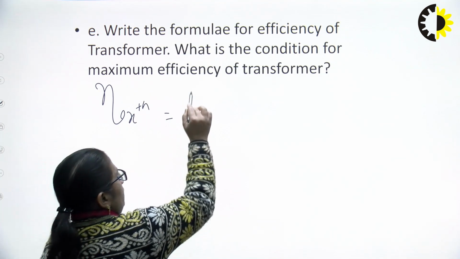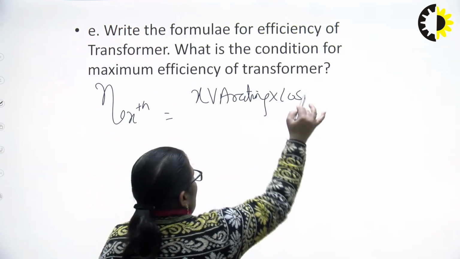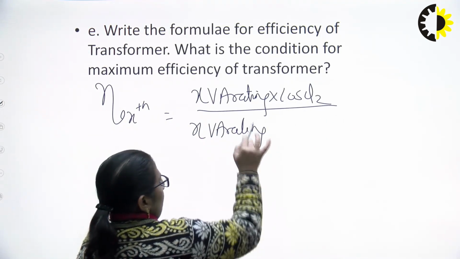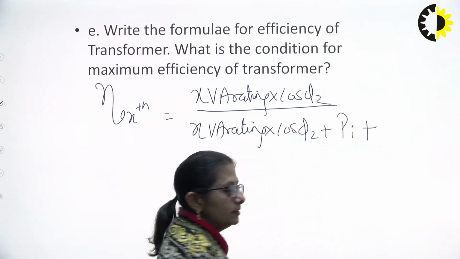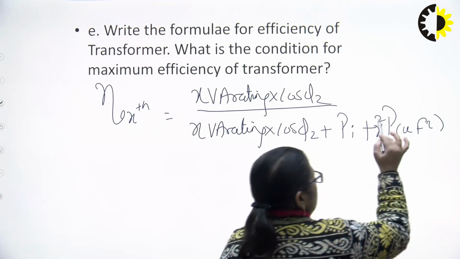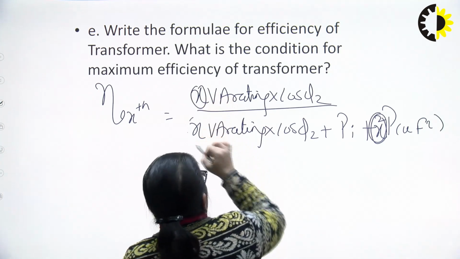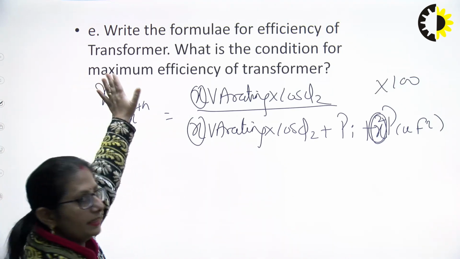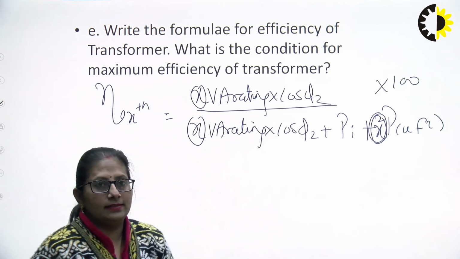So, the expression should obviously be x times the VA rating multiplied by the cos phi, once again x times the VA rating into cos phi plus the iron losses which are going to remain constant, but the copper losses, they are going to vary according to the square of the load. So, these are the changes. I must say this is the final expression for finding the efficiency at any load, say at x load, that will be given by like this.